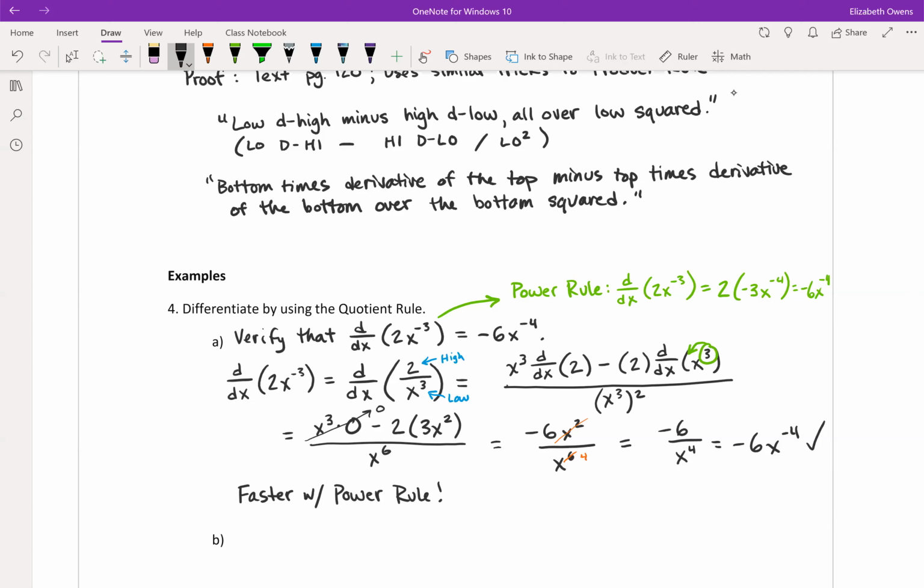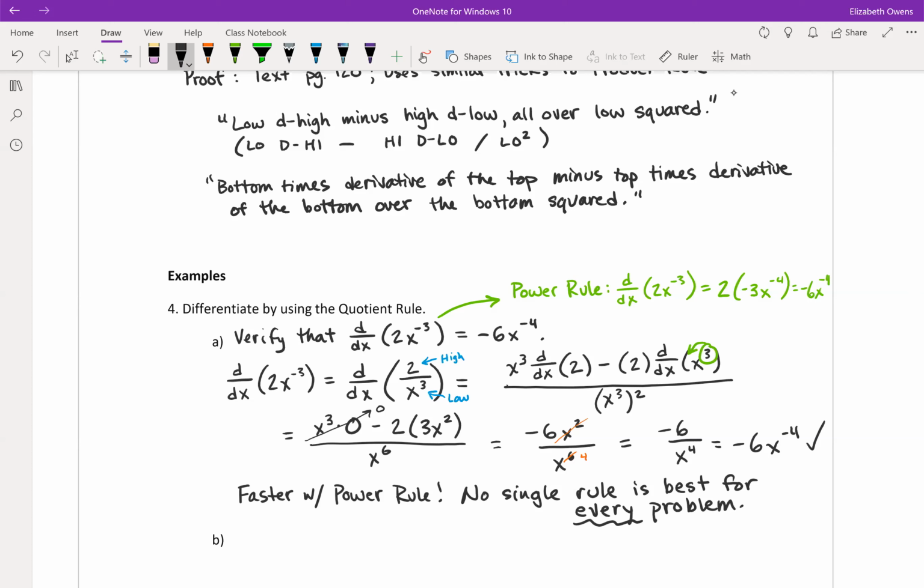So no single rule is best for every problem, is the point we're trying to make here. All right, so you can't just memorize one derivative rule and then apply it to absolutely everything. Because sometimes that's just not going to work.